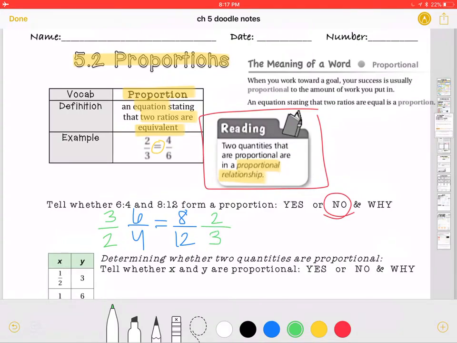Does 3/2 equal 2/3? Are they the same thing? No. So when you're trying to figure out whether it forms a proportion, you're deciding yes or no, are they equal? So no, because they are not equal. So go ahead and write that nice explanation. Because they are not equal.